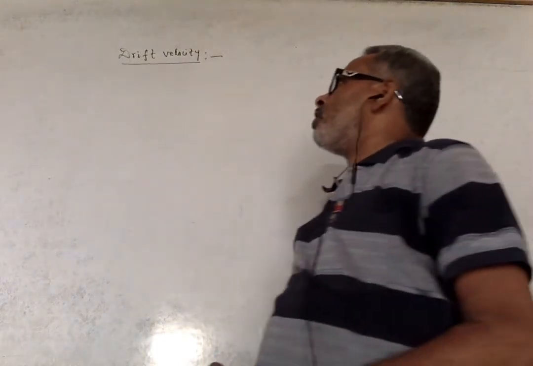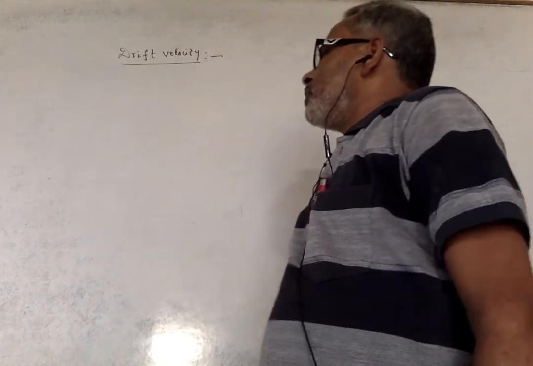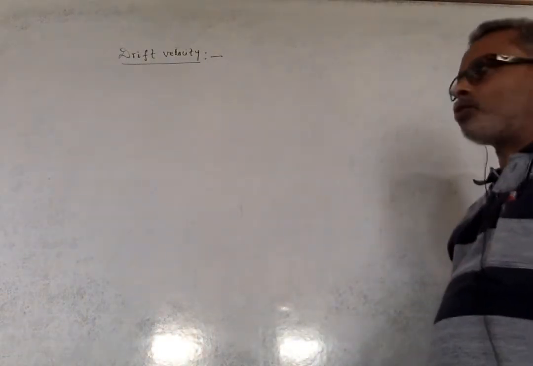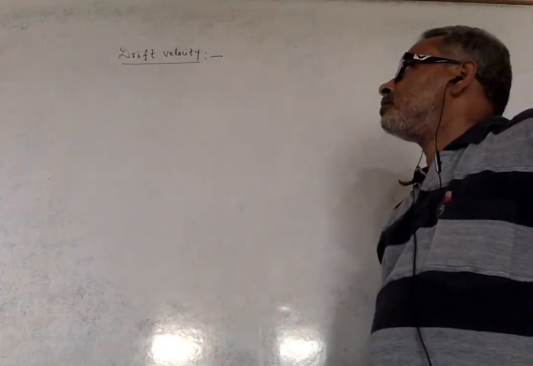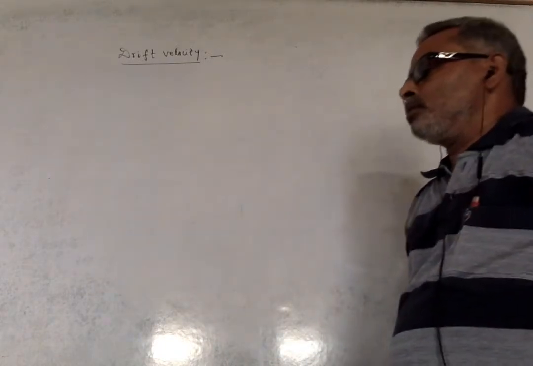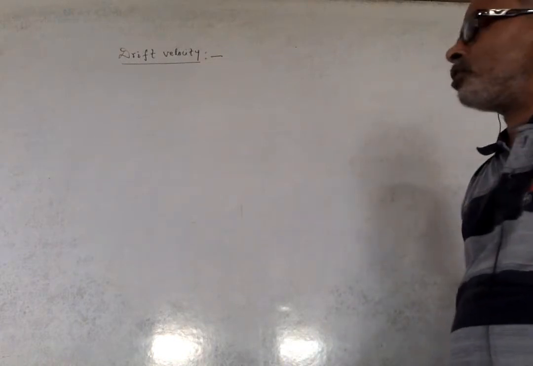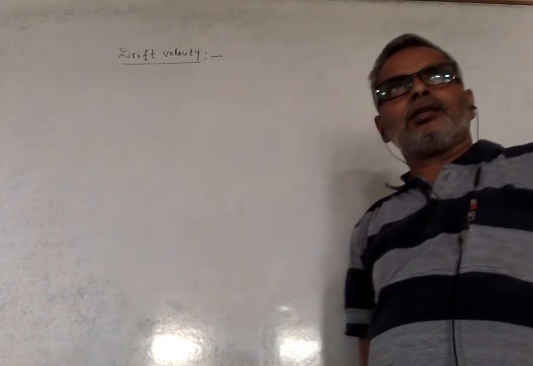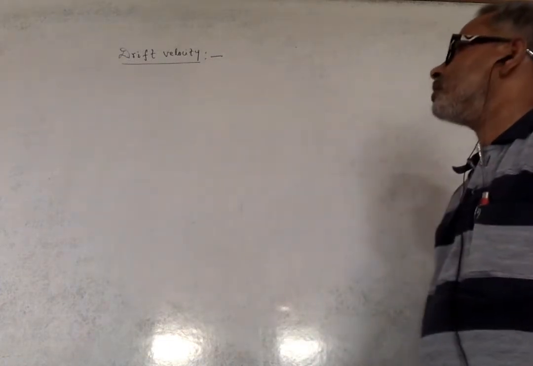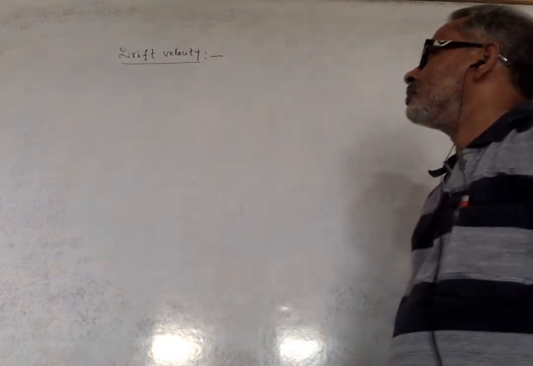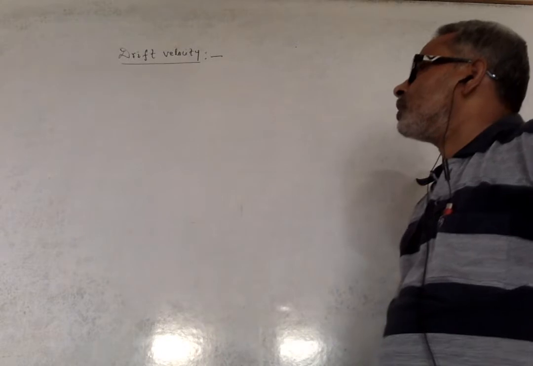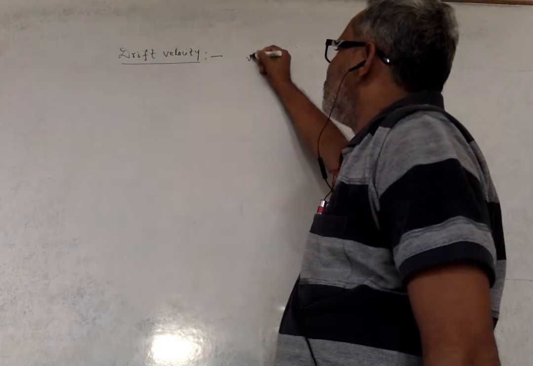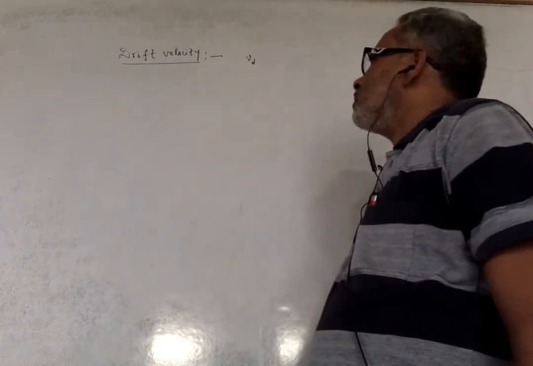The average velocity of an electron by which it moves through the conductor under the influence of an electric field is called drift velocity. It is specially named for electrons. It is generally denoted by Vd.